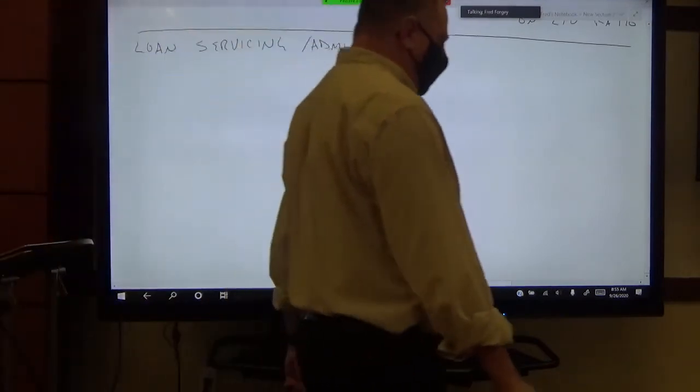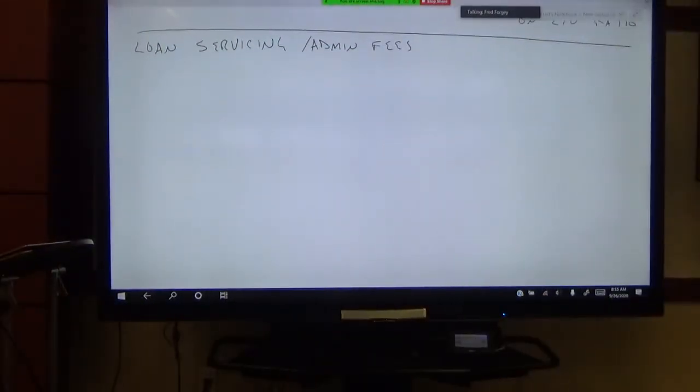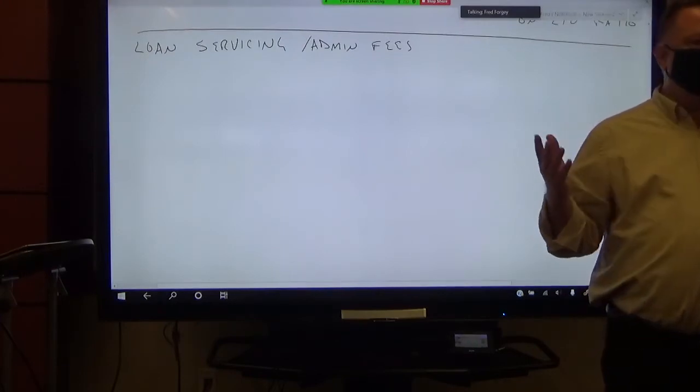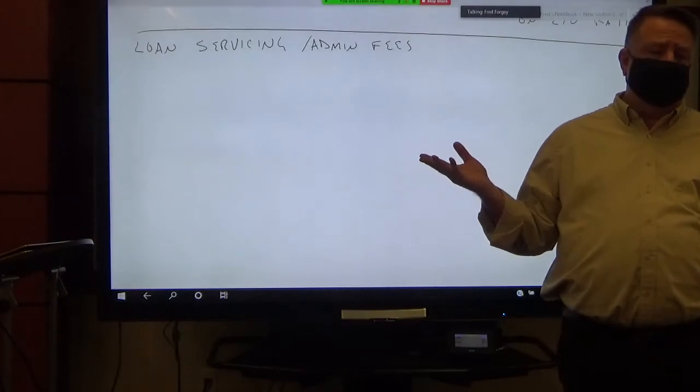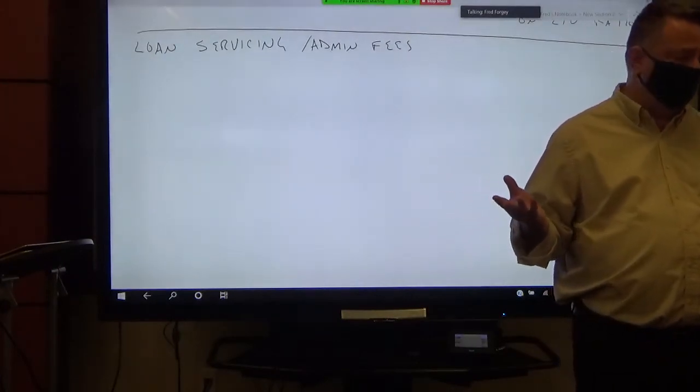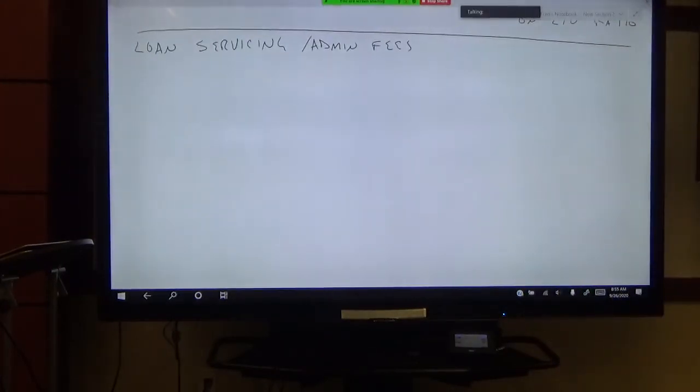So one of the things that's sometimes hard to wrap your head around are the associated expenses that lenders will claim when dealing with a loan. One of those is the servicing costs.